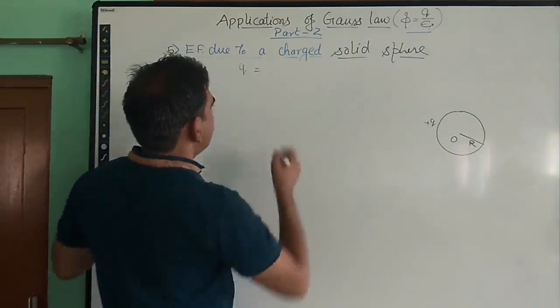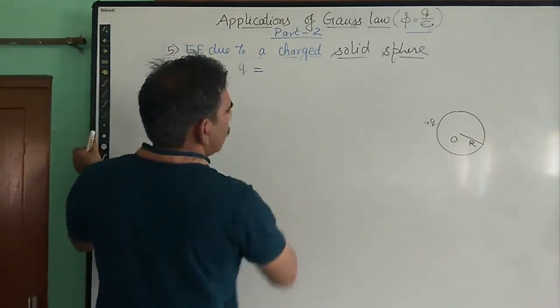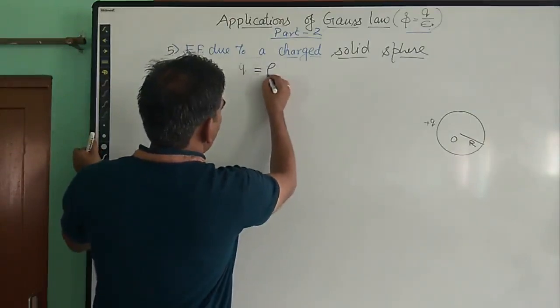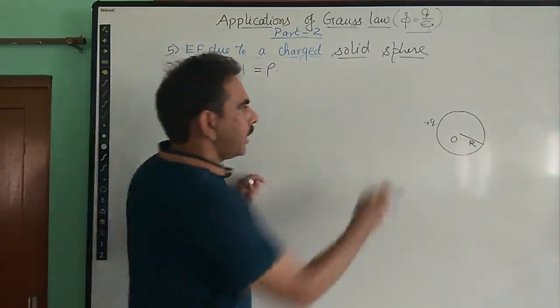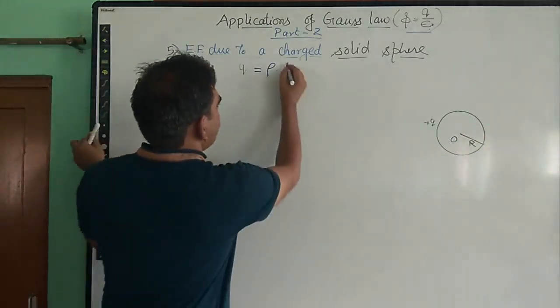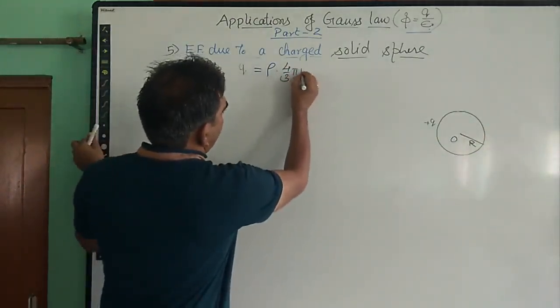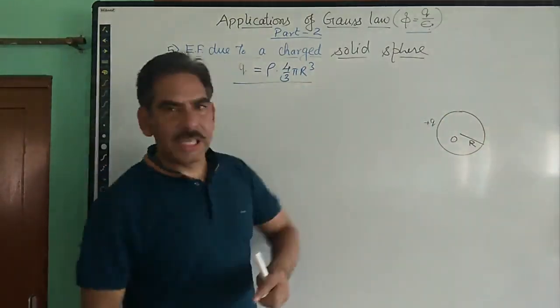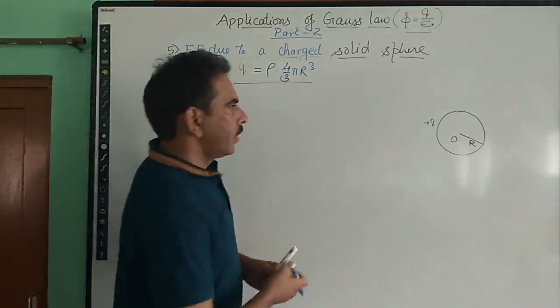So this charge is given by the volume charge density, which is rho, times the total volume of this solid sphere, which is 4 by 3 pi R cube. So this is how we represent the charge over the volume of this sphere, right?